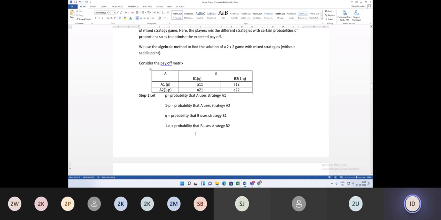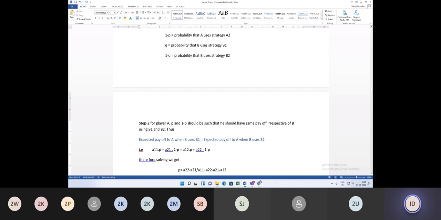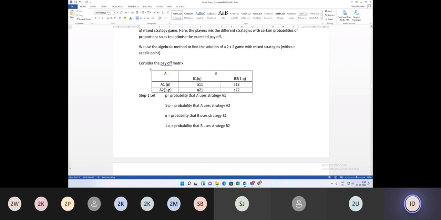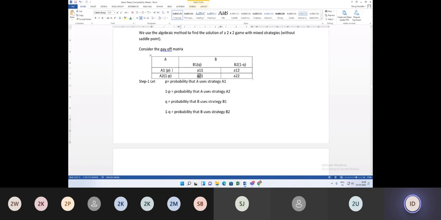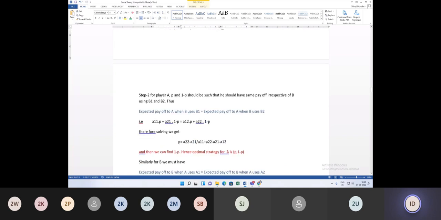So A11 multiplied by P, plus A21 multiplied by 1 minus P, the probability of 1 minus P. It means that when B is using B1 strategy, the payoff of A is calculated as A11 multiplied by P plus A21 multiplied by 1 minus P. Similarly here, A12 multiplied by P plus A22 multiplied by 1 minus P, and this is how the expected payoff of A is worked out. Very simple, right? Simply multiplication.